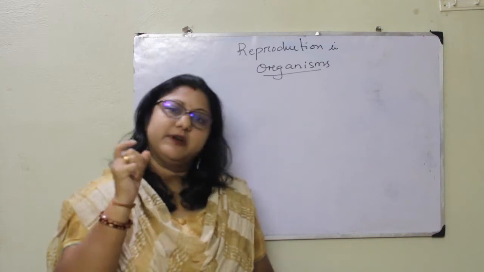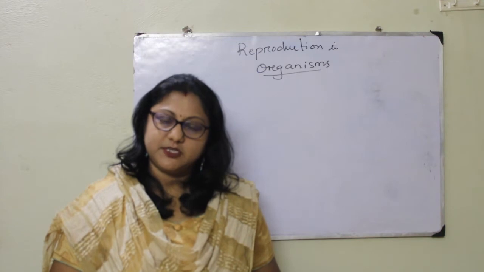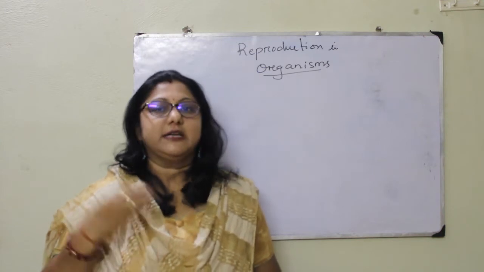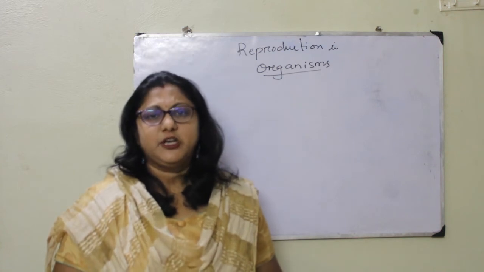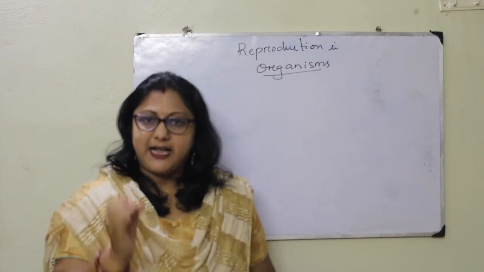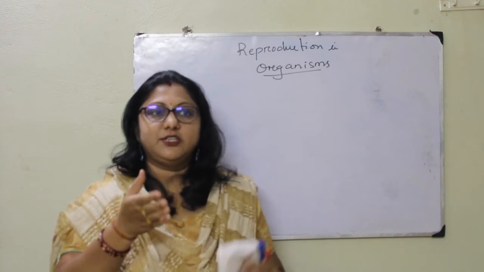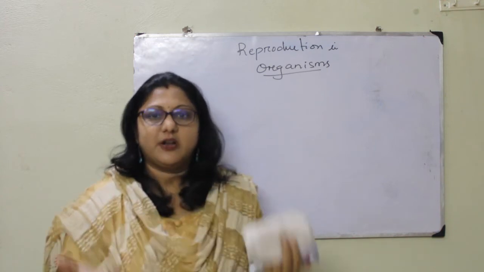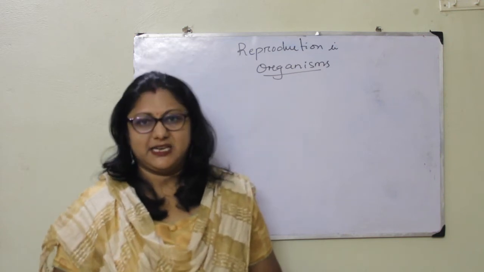So the number matters. What is the number of the species? If the number is more, recognition will be more. So it is a natural instinct of every organism to increase in number. Actually, the meaning of reproduction in a broader aspect is increase in number. In a simple way, we say it is increasing in number.